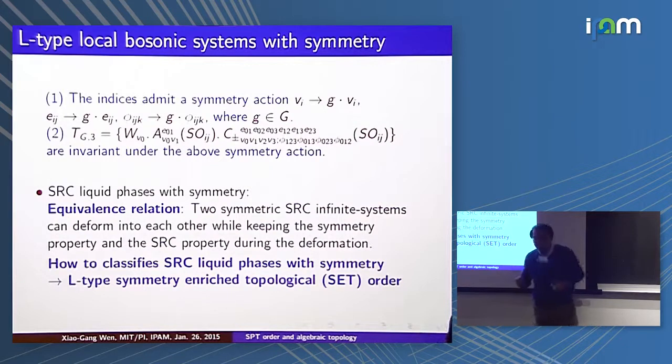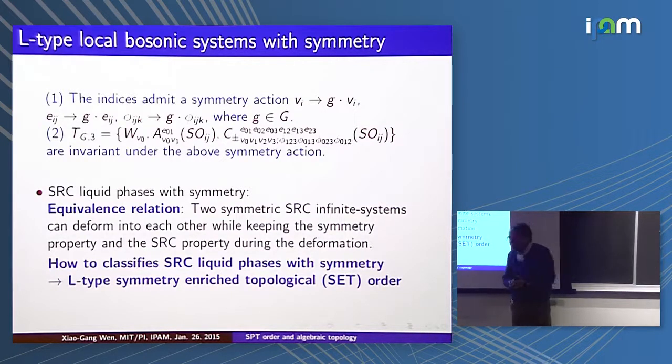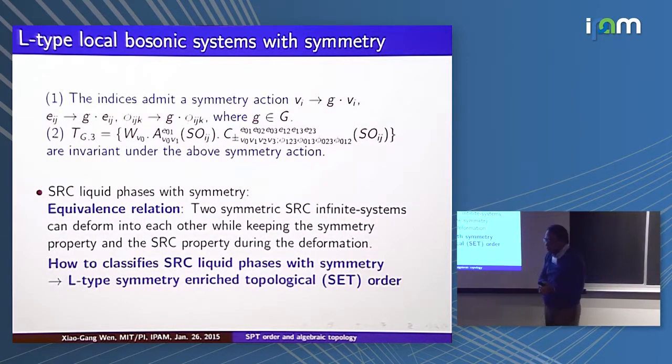So the example I try to give is the E8 quantum Hall states. You can define E8 quantum Hall states on the space-time manifold which is S1 times the space manifold. But one may have difficulty defining E8 quantum Hall states on an arbitrary space-time manifold.